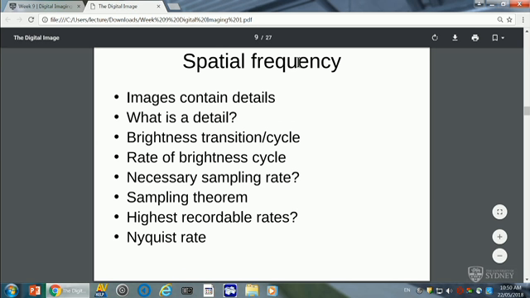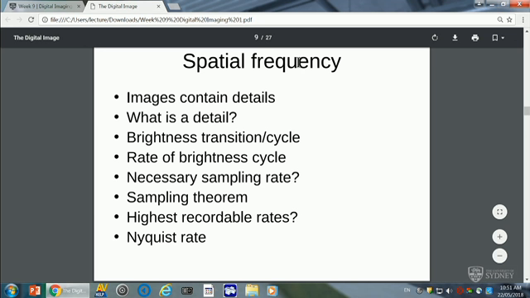Still not doing very well here with this drawing. Okay, so this bit is representing this, okay? So each one of those is a cycle. How many cycles do you have per millimeter? That determines your spatial frequency.